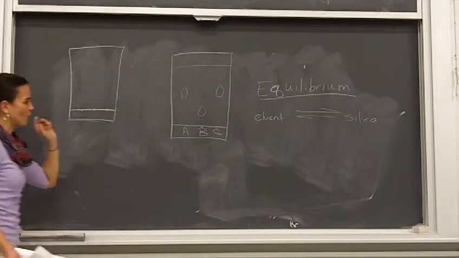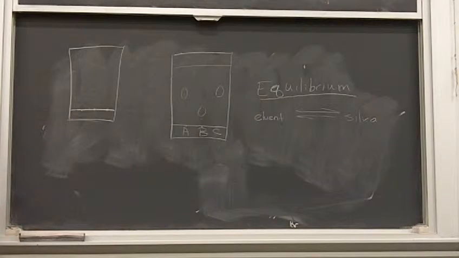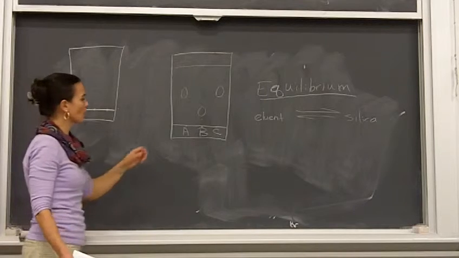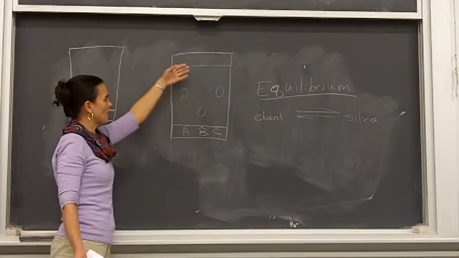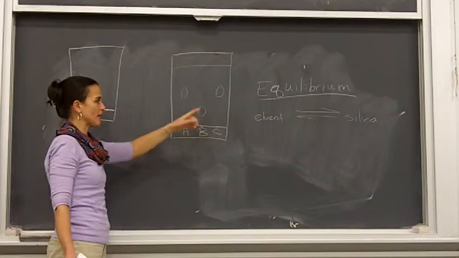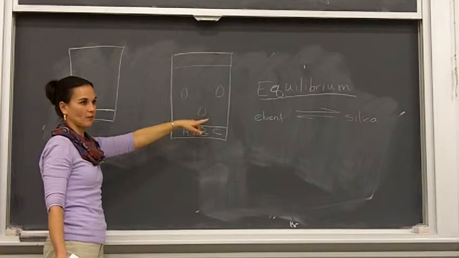Now we can tweak our system, which makes things a little bit more complicated. We can make our compounds move farther up the plate or less far up the plate depending on what we do with our eluent. Okay.